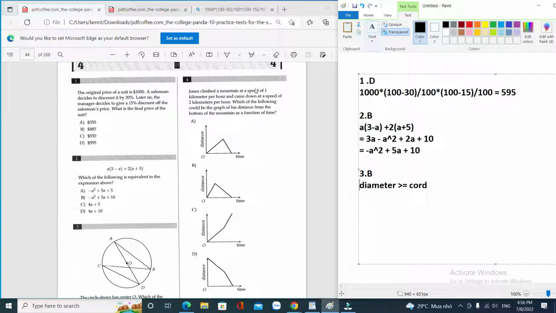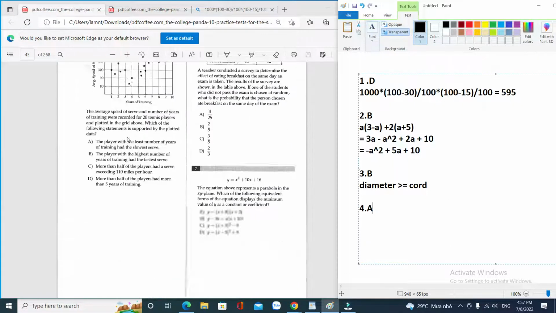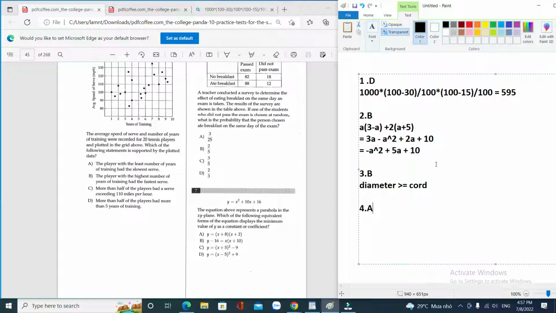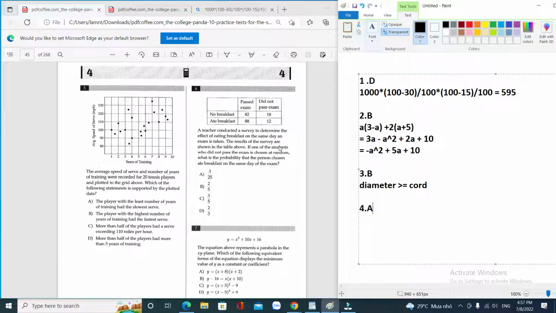So the answer should be A, because the slope of climbing down should be more than the slope of climbing up. In B, the slope of coming up is steeper than the slope of coming down. So I think it's A for number 4. And number 5, let's try to finish 5, 6, and 7.